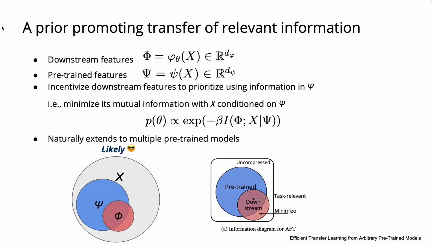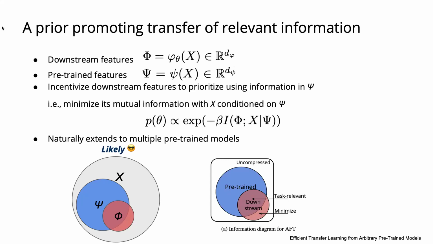Before I introduce our design, I want to go through the notation. We have the downstream feature, phi, parameterized by theta. The downstream task is the one that we want to optimize. Then we also have the pretrained feature, which can be calculated by a single run of inference, which we call psi.